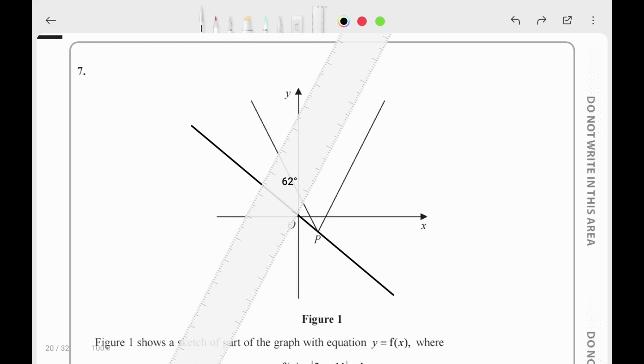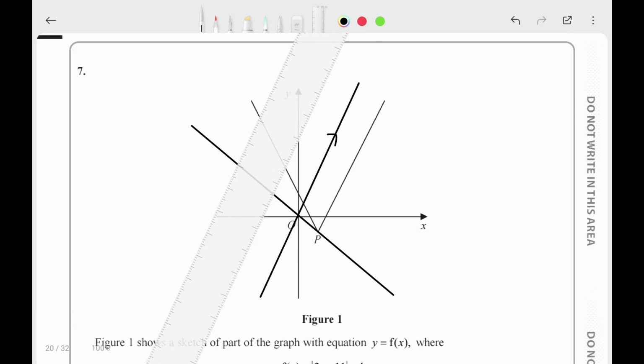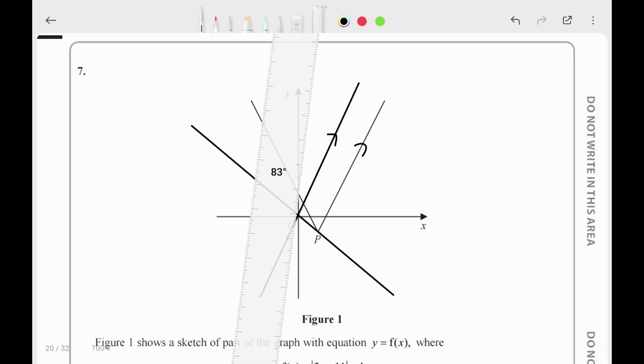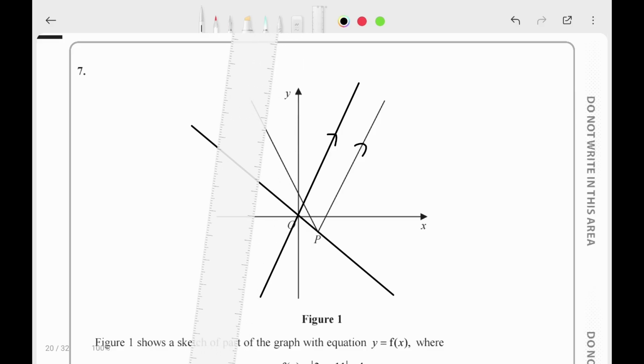Because no matter how I draw the line, like if it's parallel, these two lines, they're parallel, right? So they intersect the graph exactly once. Even if I draw a line over here or here or here, they all intersect the graph exactly once.